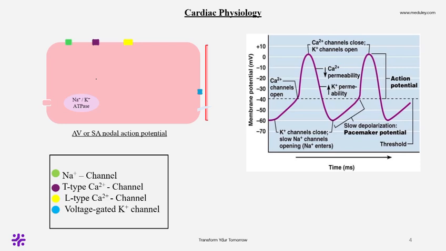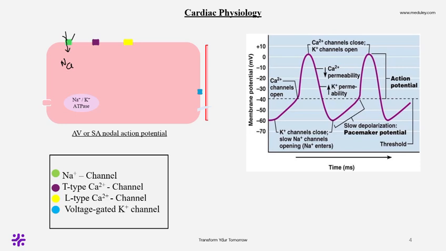As I explained, the SA node generates the electrical impulse itself. As it generates the electrical impulse, it activates the sodium channels, which makes the sodium channels open. As the sodium channels open, sodium enters into the cell.